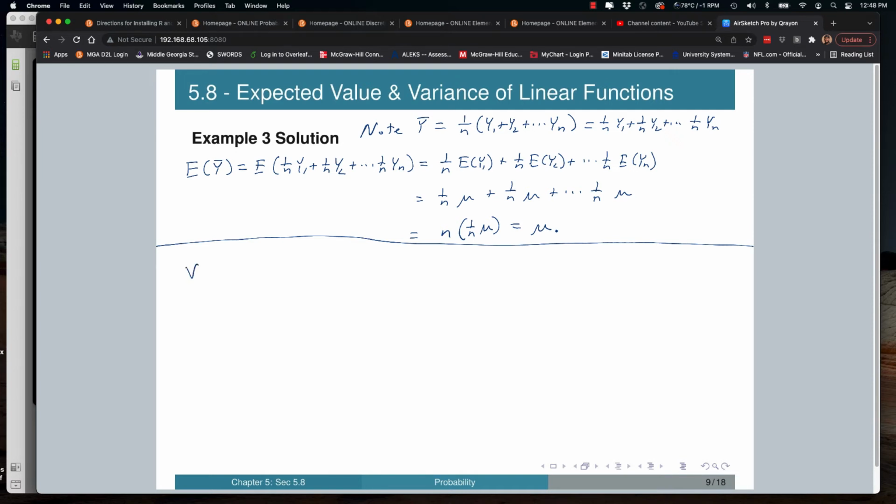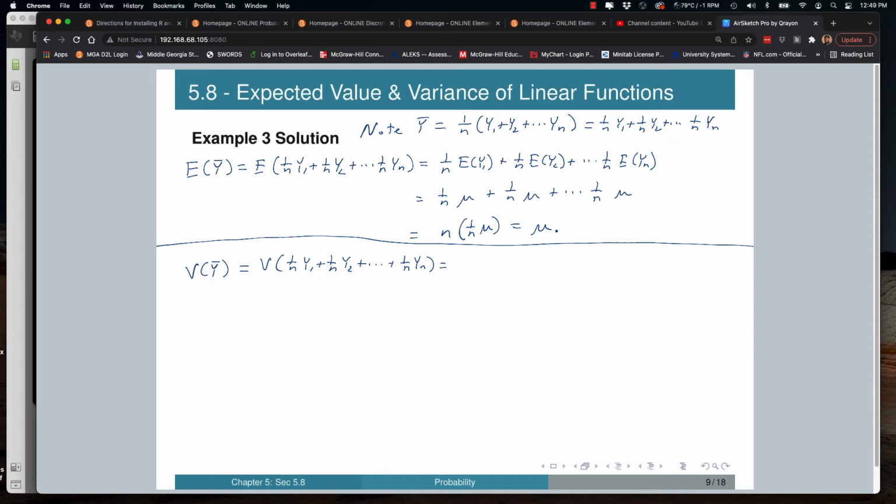If you've been in a class where you've done a lot of applied stuff, when we do sampling, we usually have to use the standard error in place of the population standard deviation, because we don't often know that value. So very similar to this, the variance of y bar is just 1 over n times y sub 1 plus 1 over n times y sub 2 plus, again, dot dot dot, plus 1 over n times y sub n.